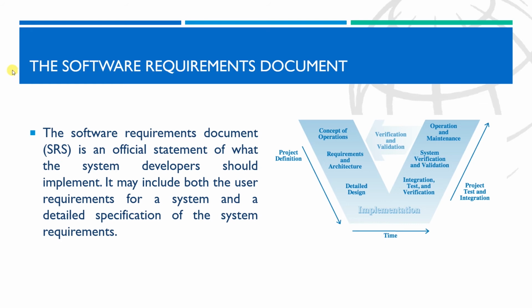The requirements documents are essential when systems are outsourced for development, when different teams develop different parts of the system, and when a detailed analysis of the requirements is mandatory.